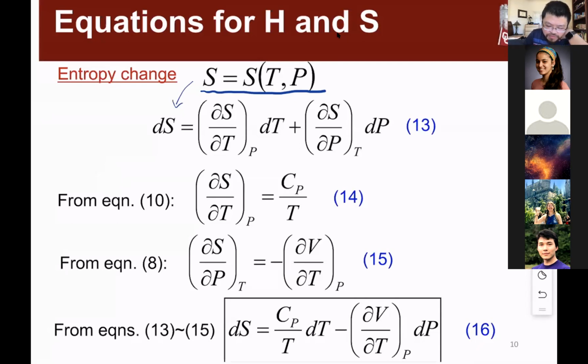So we take the total derivative. dS is the partial derivative with respect to temperature, keeping pressure fixed, dT, plus the second term, dS over dP, keeping temperature fixed, dP. And the useful thing is, we know what dS over dT would be. That is because Cp is T dS over dT.